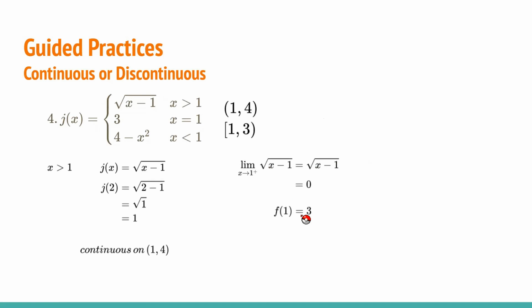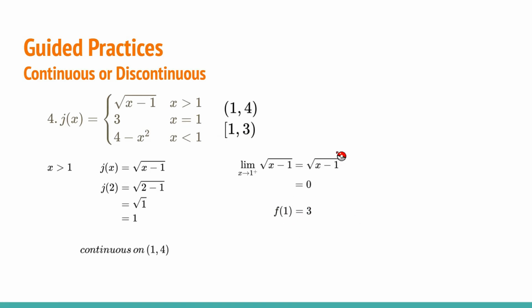Now next, we'll try to get the function value of 1. And it says here that if x is 1, then it is 3. So just from here, we can already say that the limit and the function value are not equal.